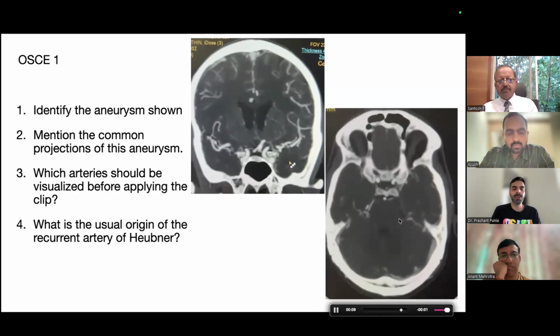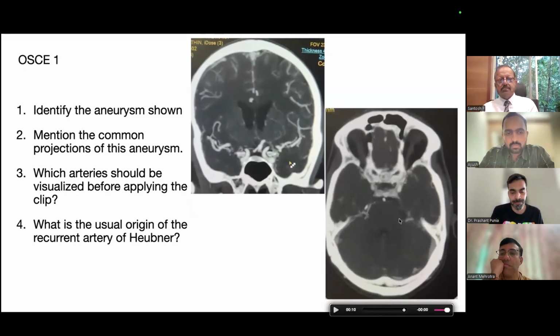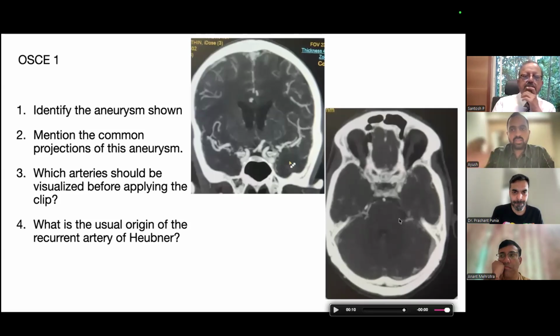What are the common projections of these aneurysms? Common projections are like... You understand what I mean by projections? The direction of the aneurysm, the fundus. Mostly the direction is more superior.